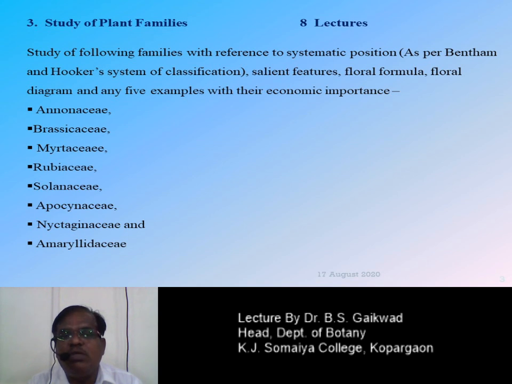Again in case of the floral diagram, this floral diagram is the image of the exact flower. So it must start with the aestivation in the outer part, that is the calyx. Then what is the calyx? The calyx is the outer whorl of the flower.